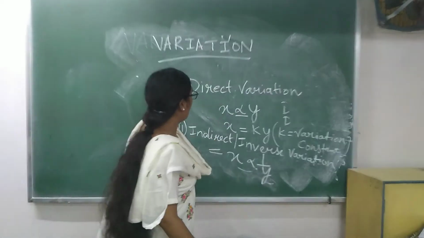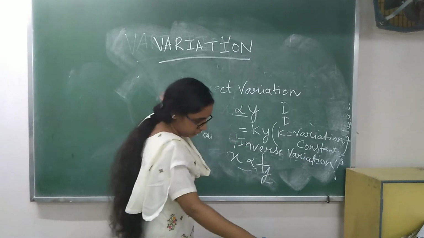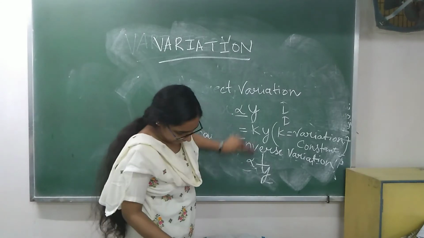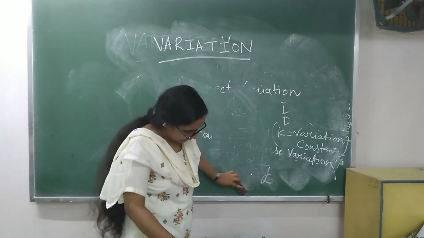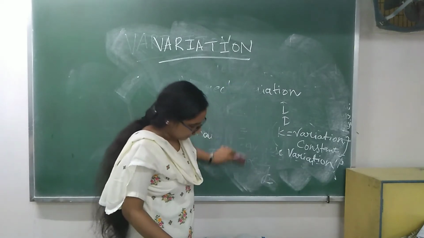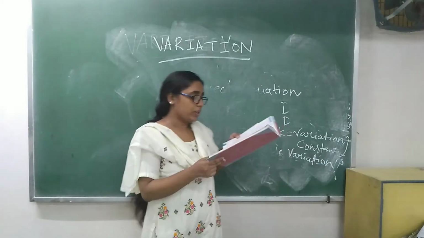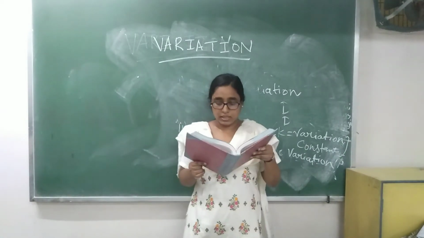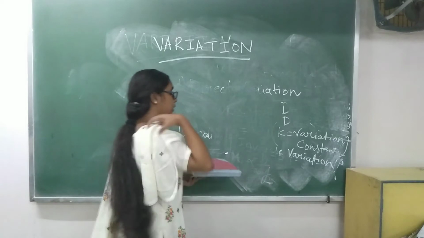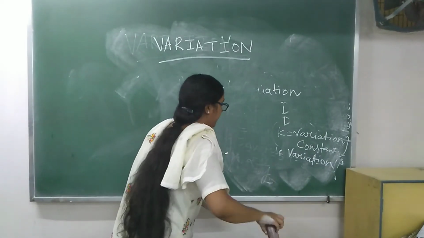Okay. Now come to page number 195. Let us work out exercise 113 and read question number 1. Corresponding values of two variables a and b are given. I am writing.